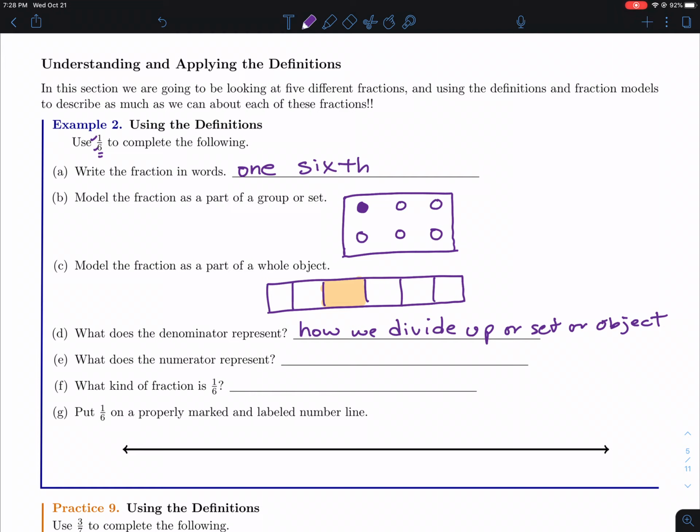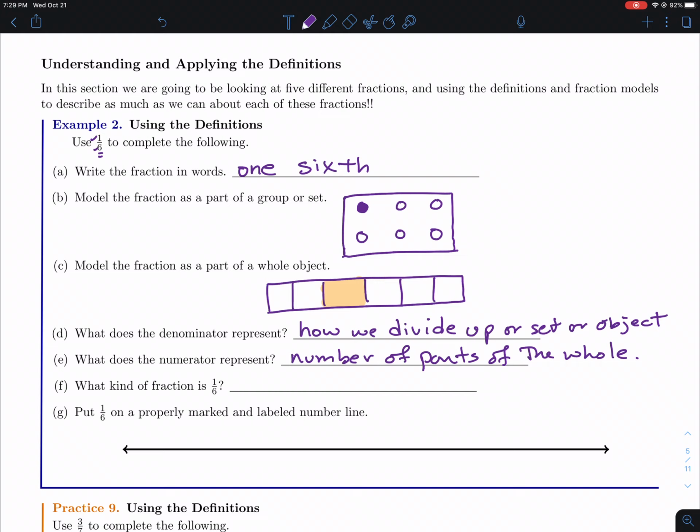If the bottom is how many slices of pizza we make, the top would be how many pieces are left over or how many pieces you ate or something like that. So it's the number of parts of the whole in this case.